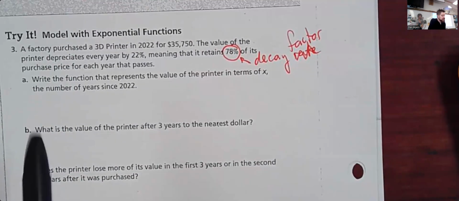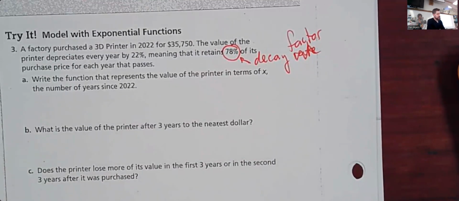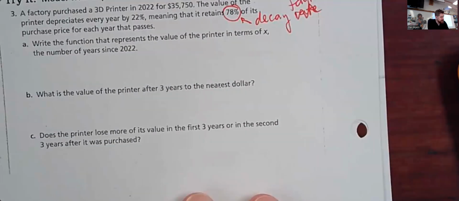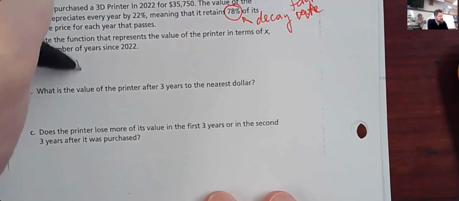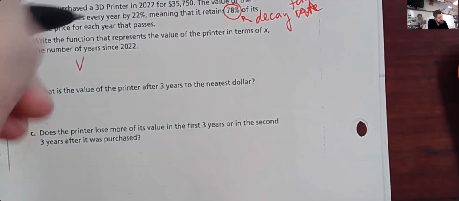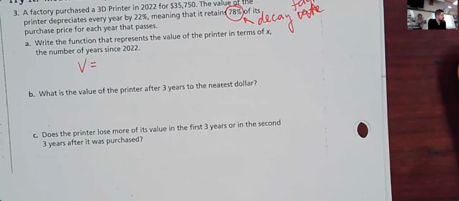All right. So we're going to write a function here. F of x, or I guess, how about this? 3D printer, what do we want? Value, V. Let's go with V for value. The value is equal to the initial purchase price.